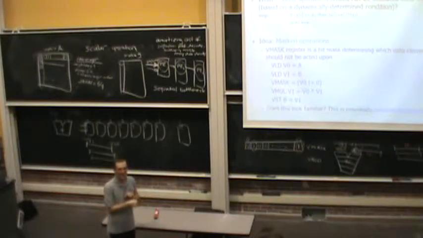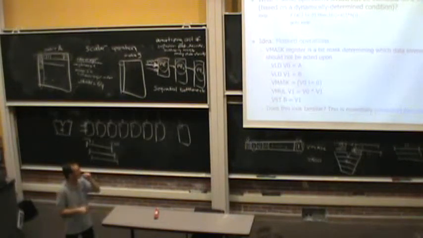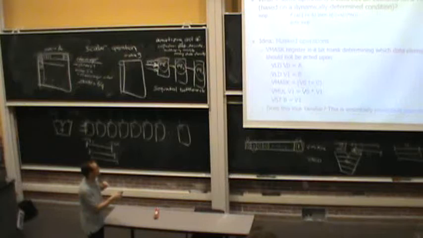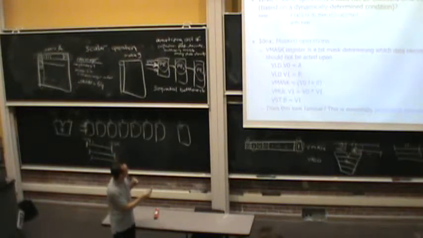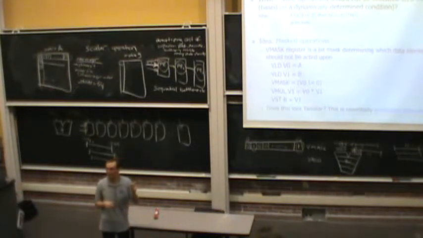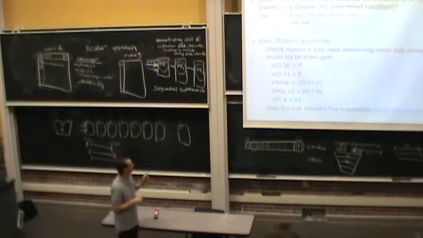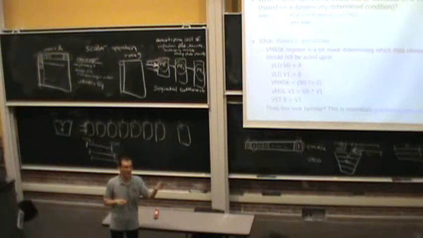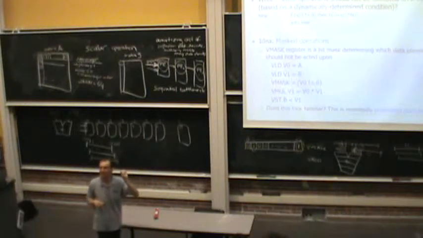Well, I guess I should have asked you earlier, but this is essentially predicate execution, right? Your mask is really the predicate, and this multiply is really a predicated multiply. Each operation that the multiply does is predicated upon the mask bit. In fact, vector computers are the first computers that implemented predicate execution.